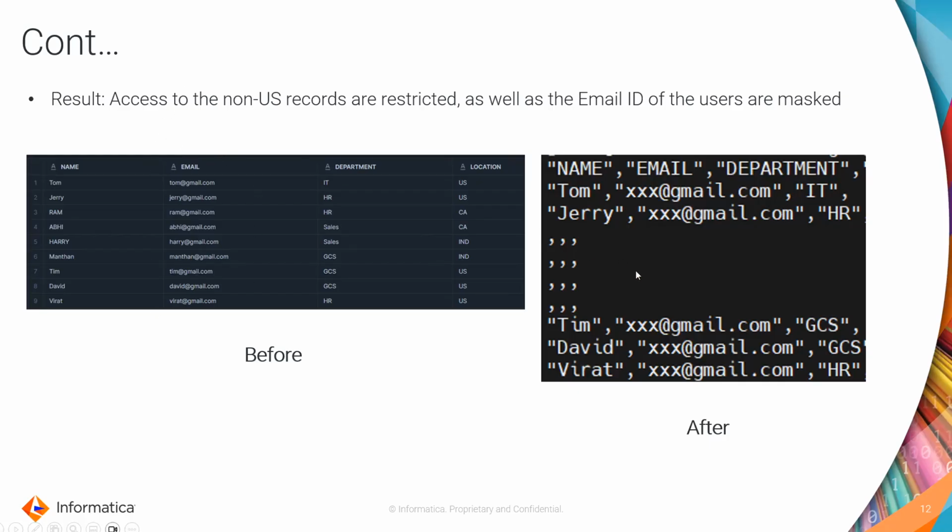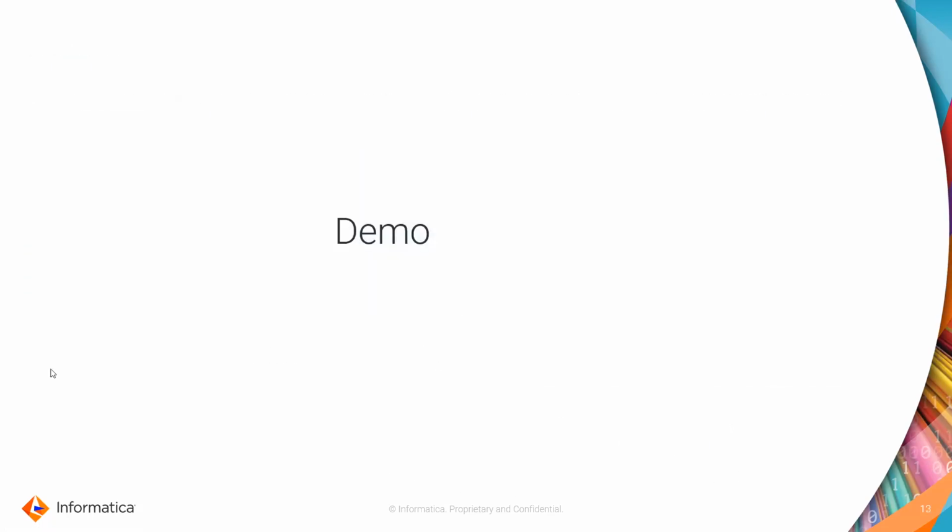If you check the results, wherever the location is non-US, the user is not able to see those records, and the email ID has been masked with xxx@gmail.com. So let's move ahead. I'll show you more things in the demo.